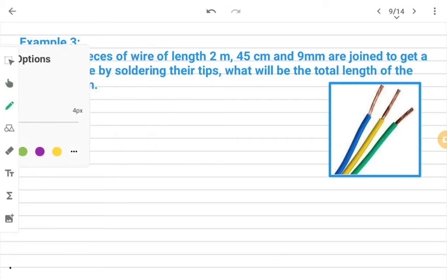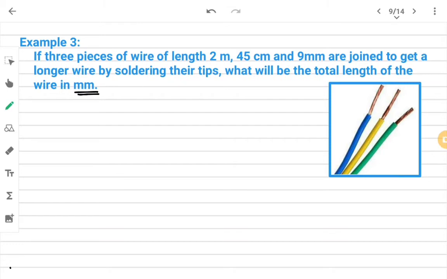That means they are asking you to give your answer in millimeter. And here the wires are given in different units, right? One wire is of length 2 meter. One is 45 centimeter. And the third one is 9 millimeter.